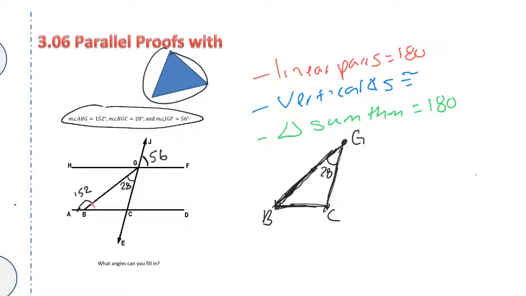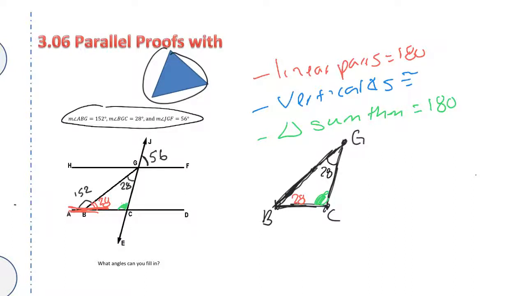So right away I notice, well, 152 plus this red angle here is a linear pair. They make a straight line here, so they've got to add up to 180. So this angle is 28 degrees. And then if this angle is 28 degrees, I could find this missing angle here, because it's a triangle.